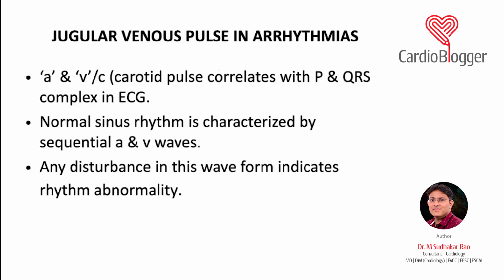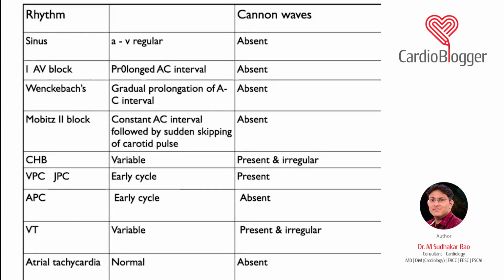Now in arrhythmias, I won't go into much detail because I have already told you before. Arrhythmias are one subset where you have to know the JVP. I told you about arrhythmias like complete heart block, ventricular tachycardia with VA dissociation, VA association, where the JVP is important. So I won't go into all the waves, but you should know that in presence of VT, you get a regular and an irregular rhythm. VT with AV dissociation, you get irregular and tachycardia.